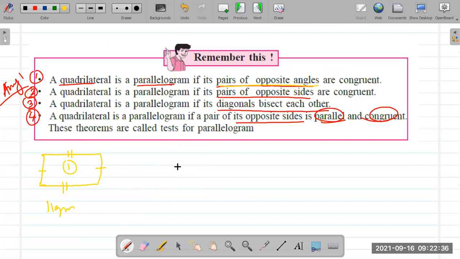That is the first property. Then the second property says, for a given quadrilateral, if the opposite sides are congruent. This is the second one.